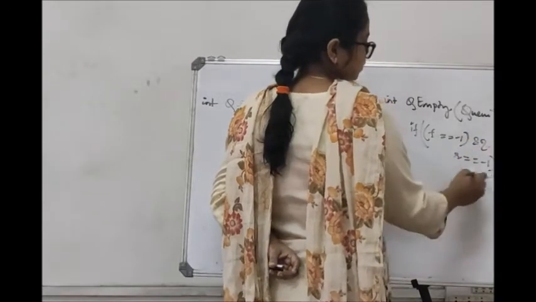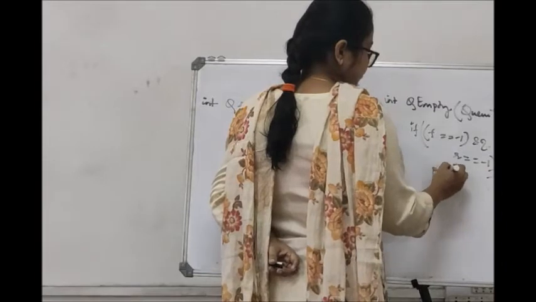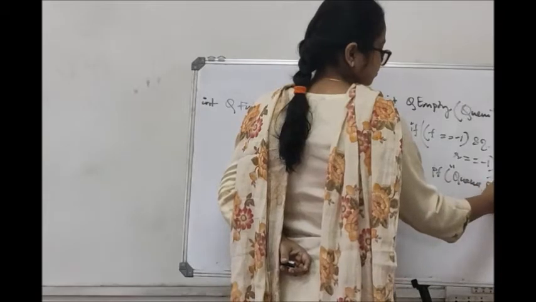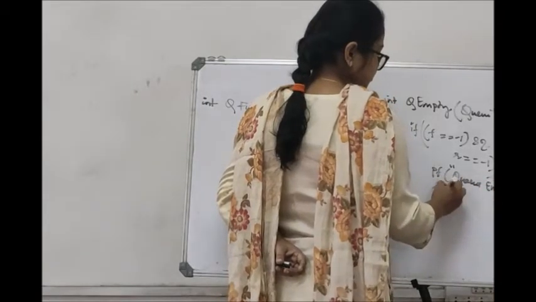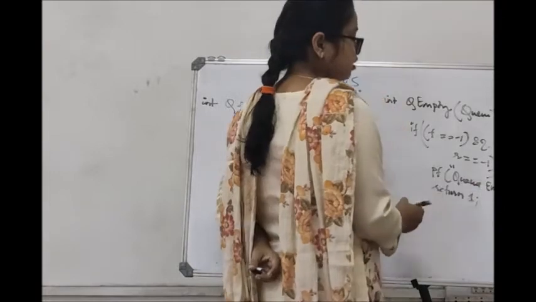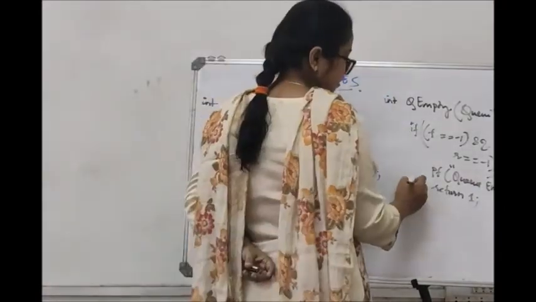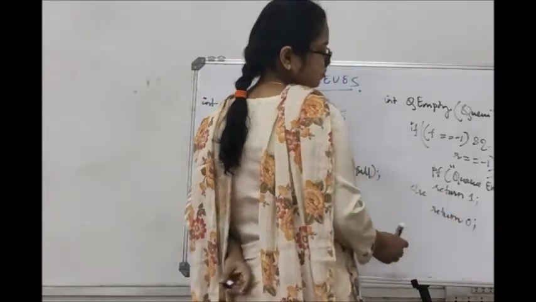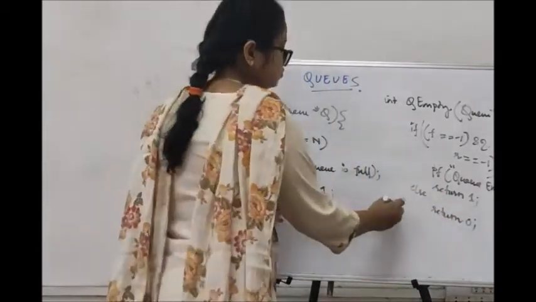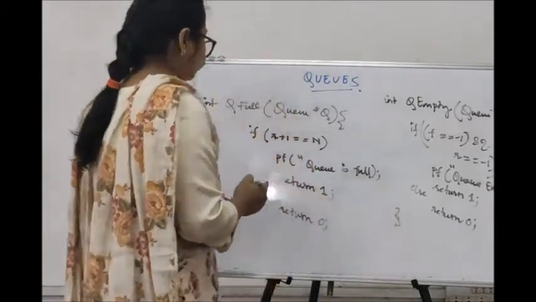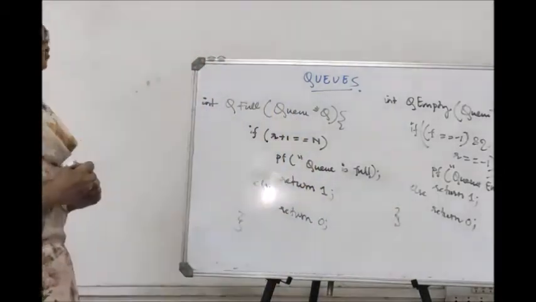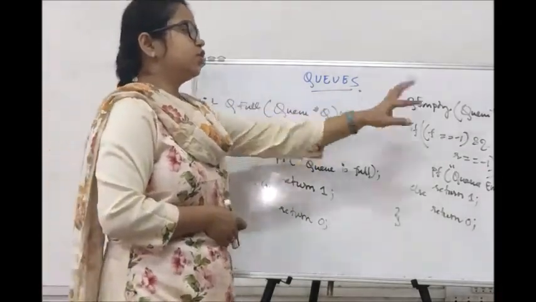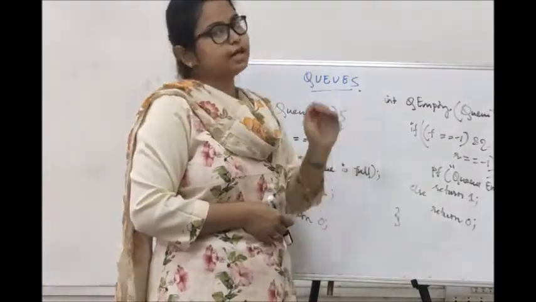And when both are -1, we say printf Q empty, return 1. That means true, the Q empty is true. Else return 0. That means no, it is not empty. This was the function, so you can note it down. Both the functions you can note down. This is the logic for finding whether Q is full or not, and this is the logic for finding whether Q is empty or not.